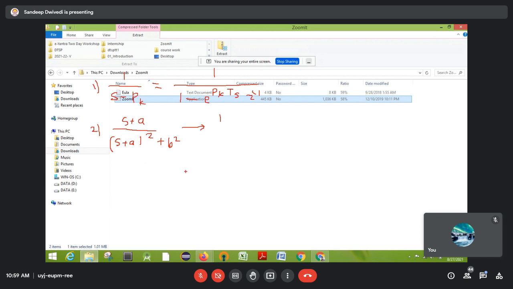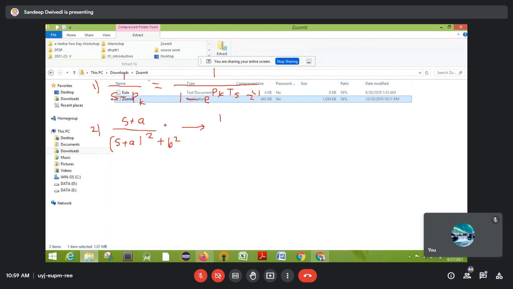Getting or not what I am trying to say? Basically this term you can write as s plus a plus jb, like this.